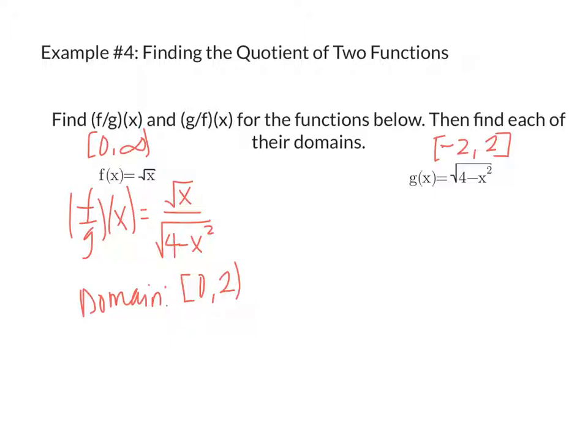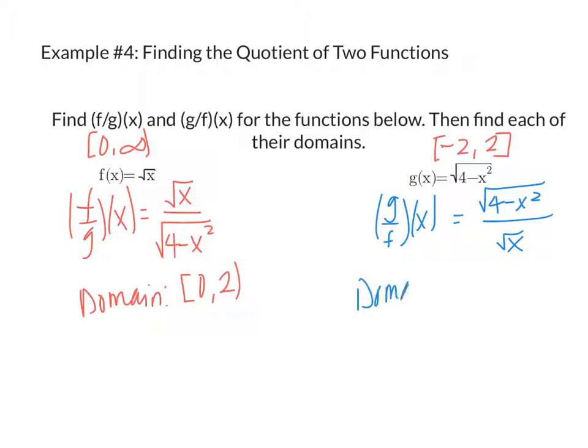And then in the second function, if we set that up as g over f of x, we would get the square root of 4 minus x squared over the square root of x. And again, this domain will be from 0 up to 2, and it does include 2.